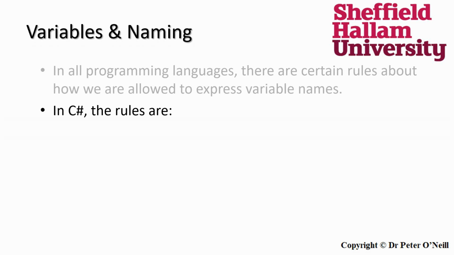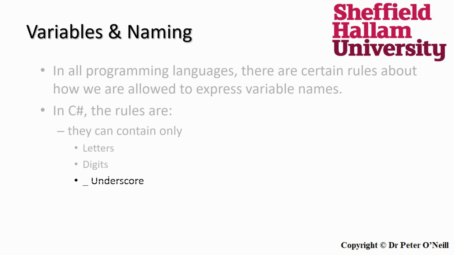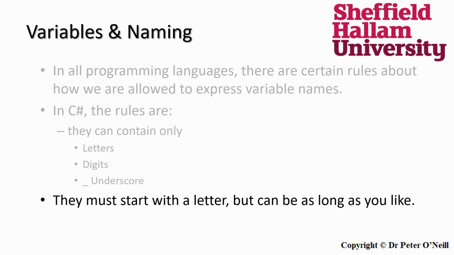The rules are: they can only contain the following: letters or characters, digits, e.g. 1, 2, 3, 4, 5, 6, 7, 8, 9, 0, and underscores. However, importantly, they must start with a letter, but can be as long as you like.